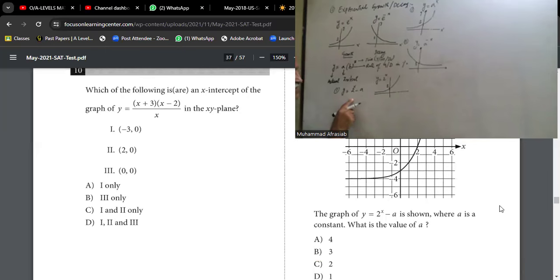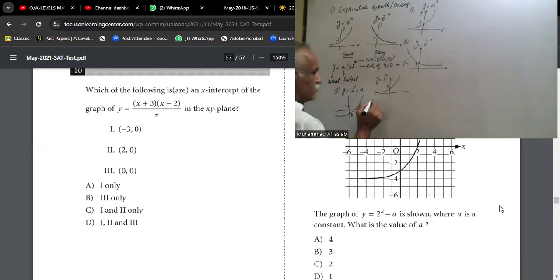But our graph is 2^x minus a, which they have shown in the figure like this. And this is the point from where it is passing, point 3. It is 1, so it has moved 4 units downward.